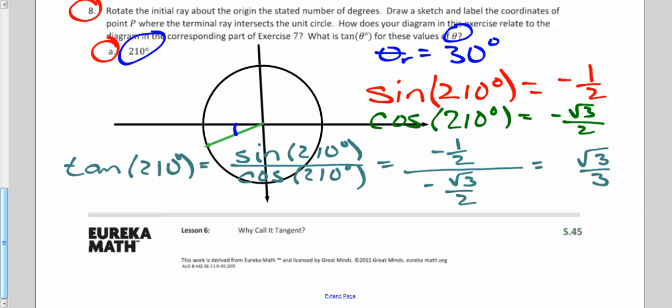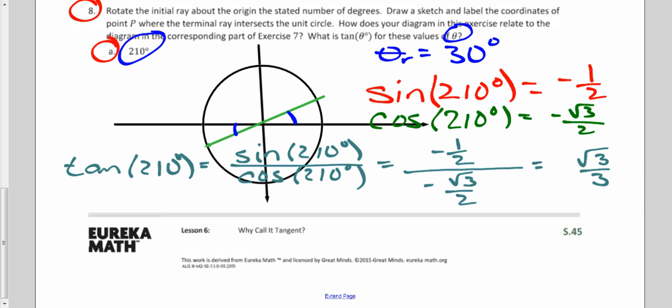Exactly. Good point, Andrew. Make life simple. Look at this. Watch this. Bam. I'm going to extend the 210 ray this way. They're diagonal. Boom. What is that angle? 30 degrees.